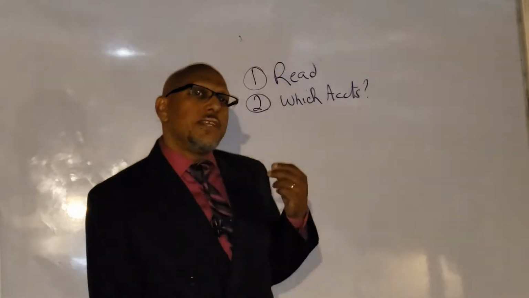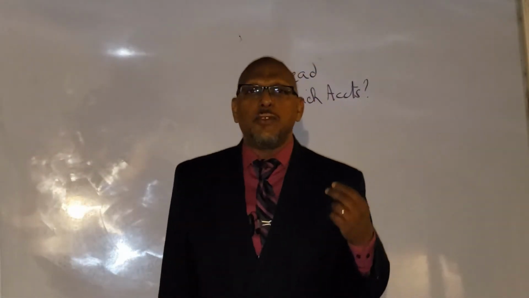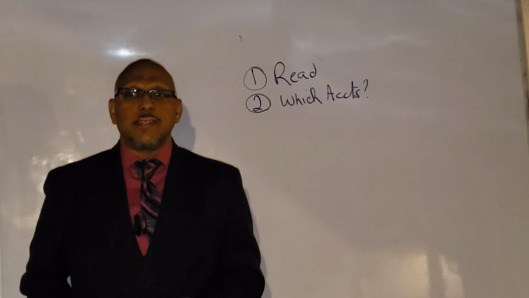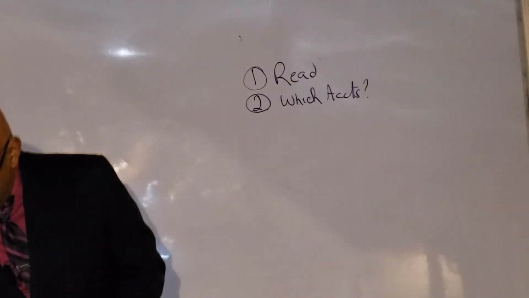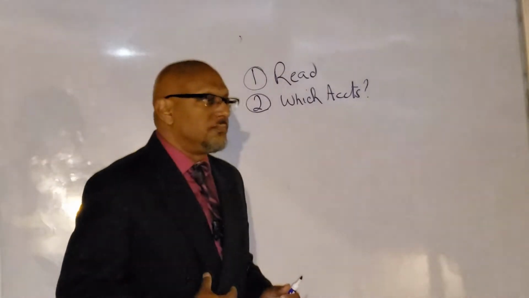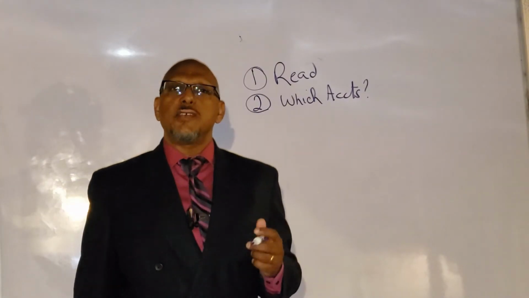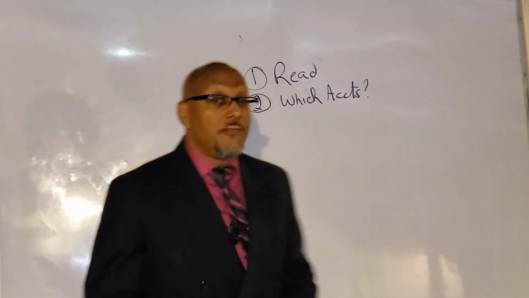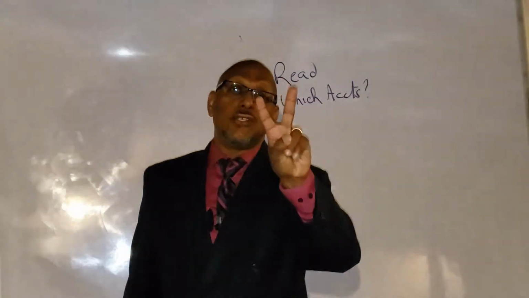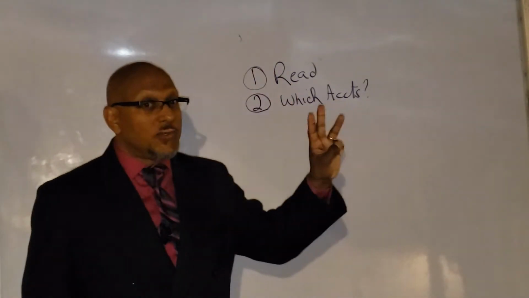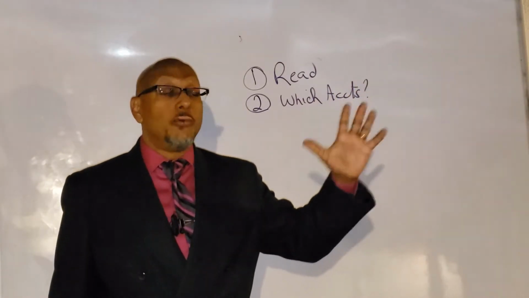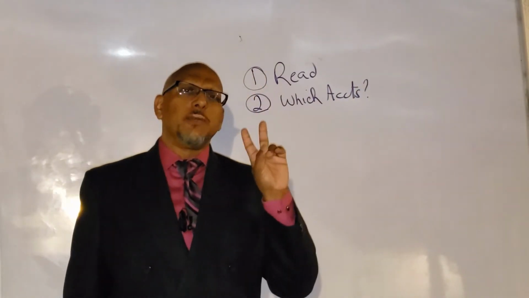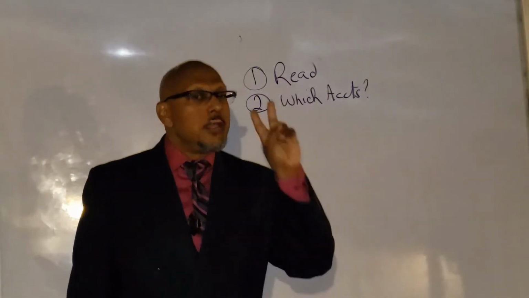Now, because of the double entry accounting that we talk about in modern times, for the last 600 plus years, we've been using the double accounting method. That means that for every transaction, there's at least 2 accounts that are being affected. Sometimes 3, 4, even 5 or more, but at least 2. So in this class, we'll be dealing with at least 2, sometimes 3 or 4, but at least 2.